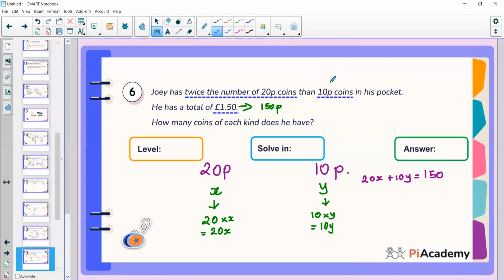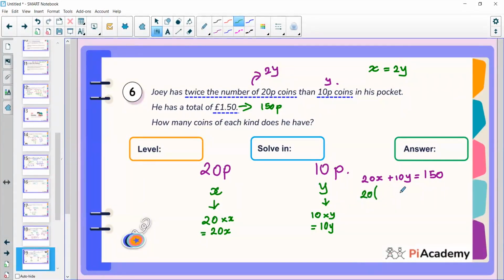So if the 10p coins is y, the number of 20p coins would be 2y. So x is nothing but 2y. Okay. x is 2y. This was the comparison given between the number of 20p coins and the number of 10p coins. So let's make this x as 2y.